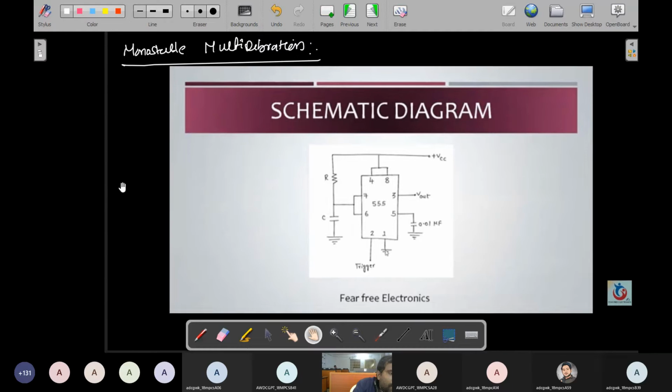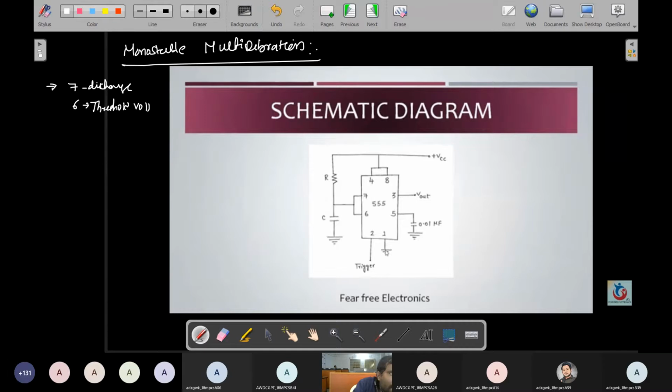First of all, consider this combination. The seventh pin is the discharge pin and the sixth pin is the threshold voltage.